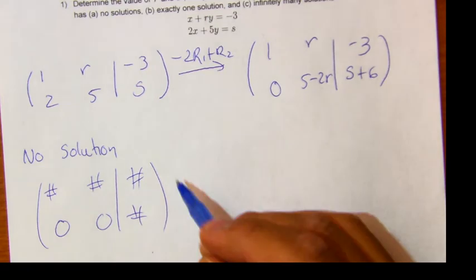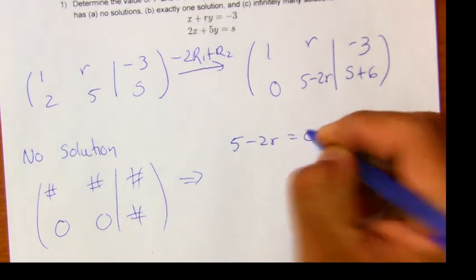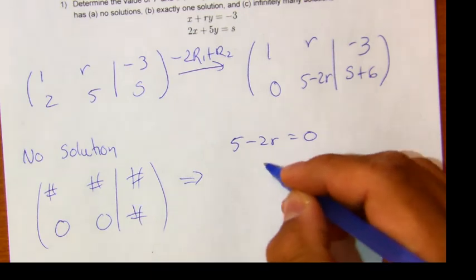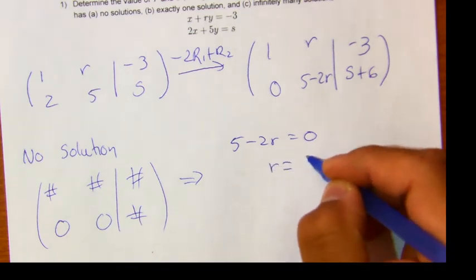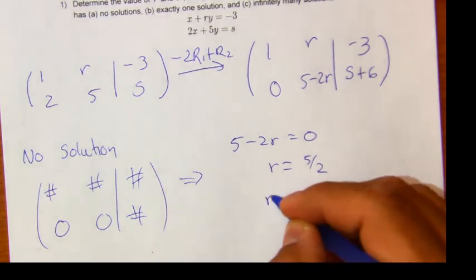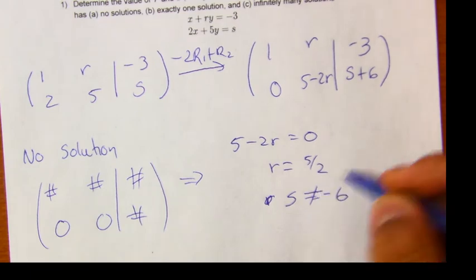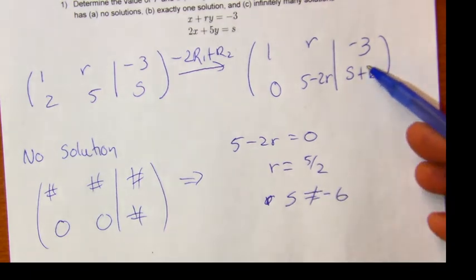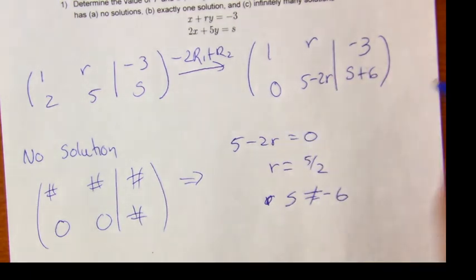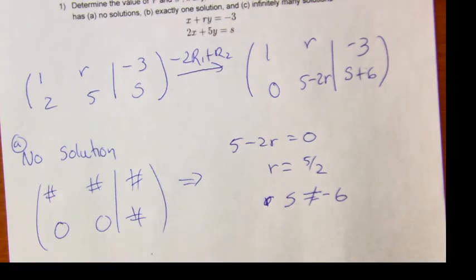So in order for no solution to happen, I would like this to be equal to 0, which means R is going to be 5/2. But I also have to make the stipulation that S cannot equal -6, because this has to be non-zero. So this is the case for A, no solution.